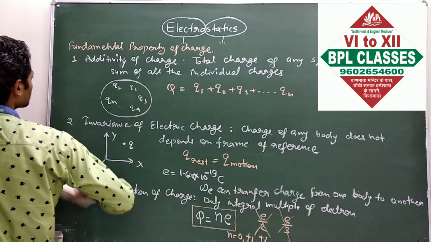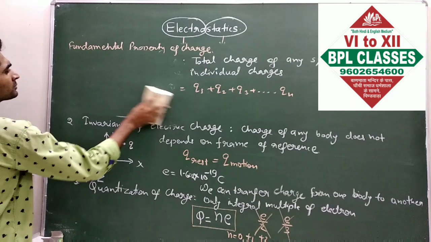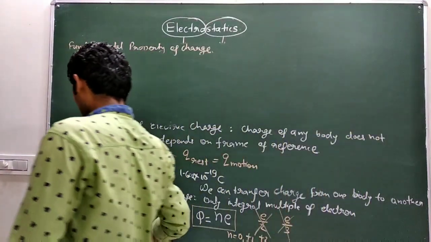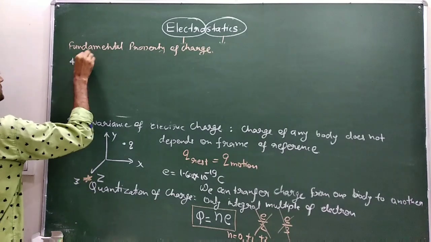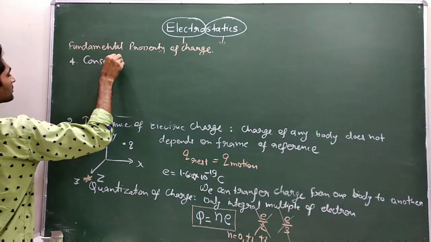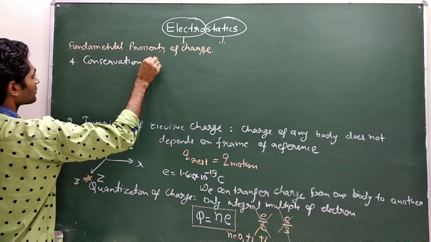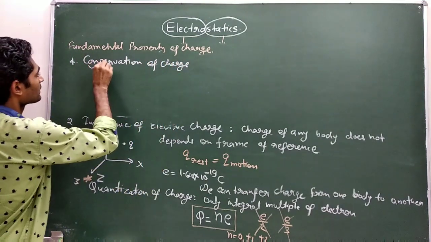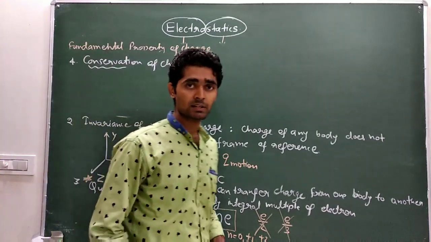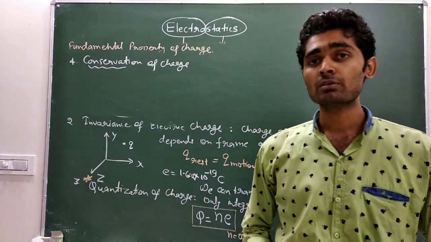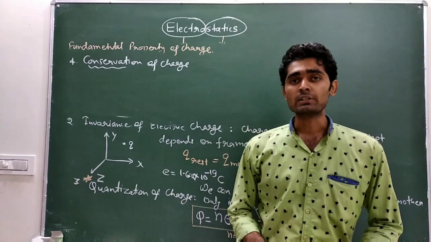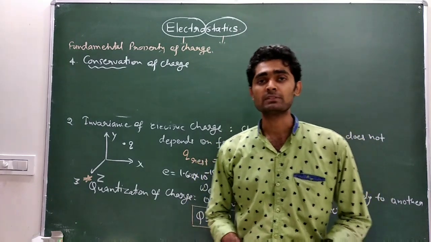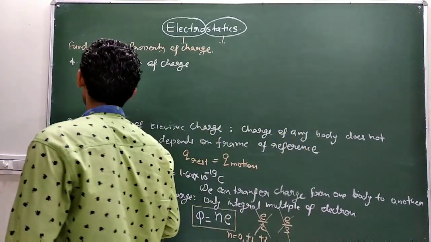Our fourth property, that is conservation of charge. The word conservation suggests that it will be conserved. So total charge of any isolated system remains constant or conserved.